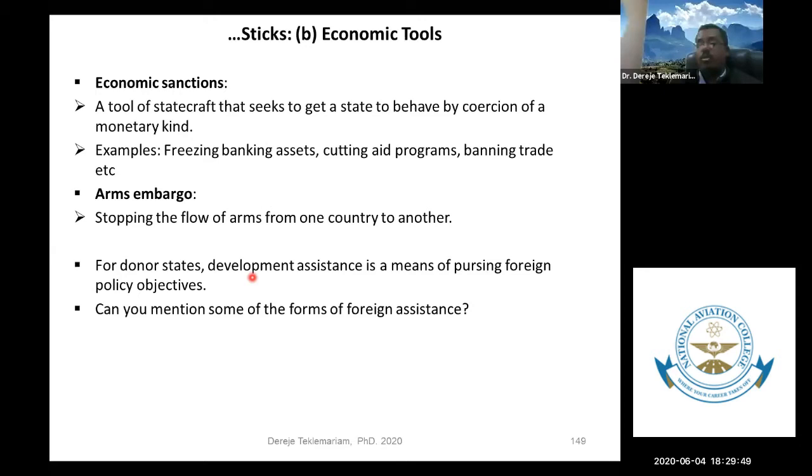We should not hide it. For donor status, they consider development assistance, or DA, and as international foreign policy students, we should understand that it is really a means of pursuing foreign policy objectives in the destination country.